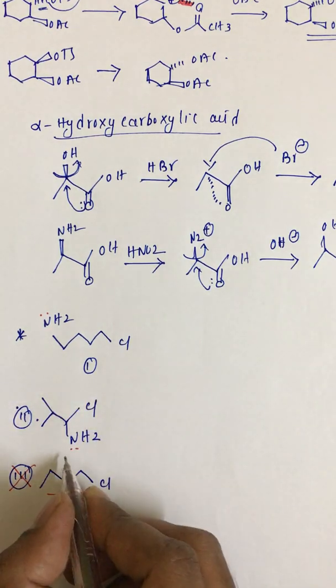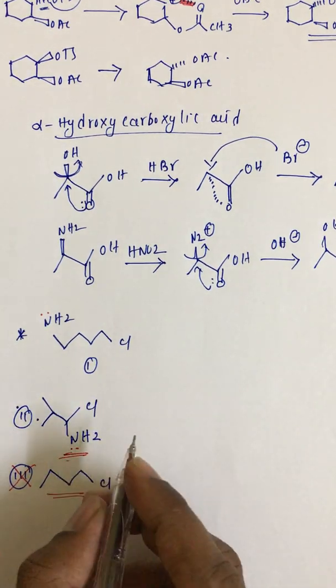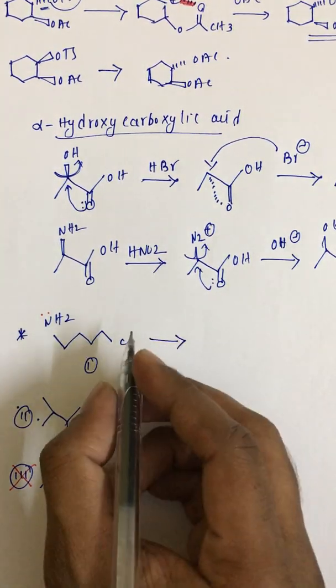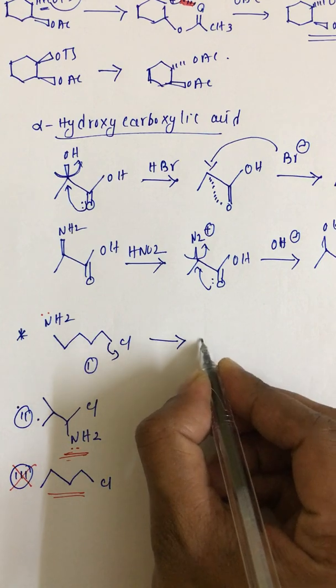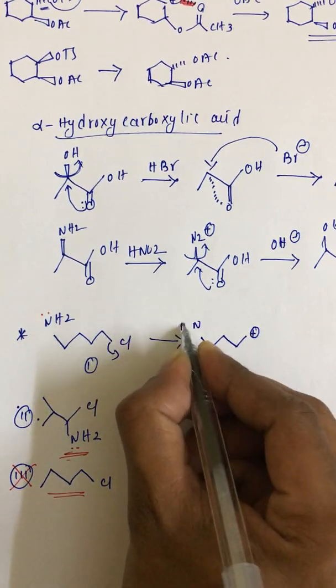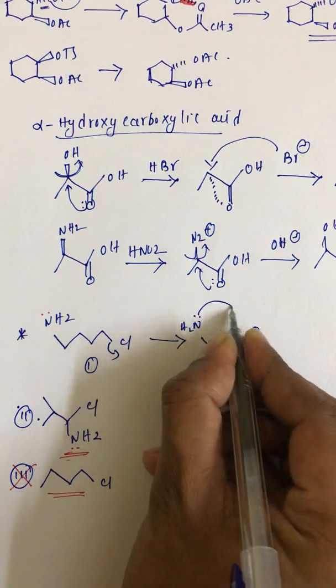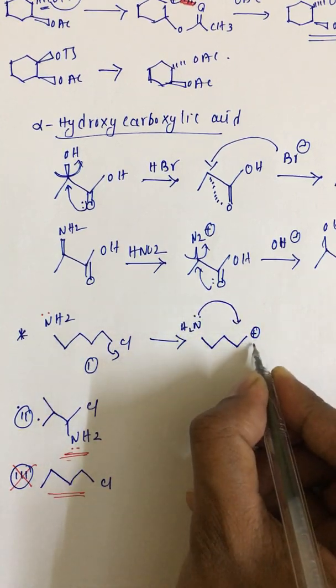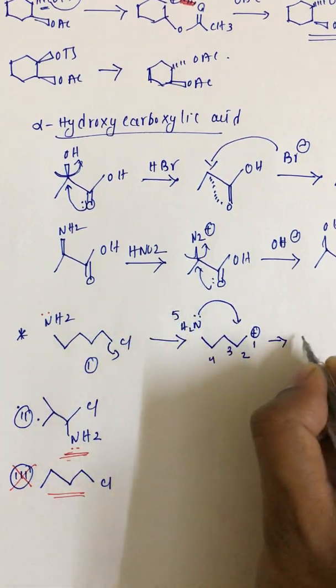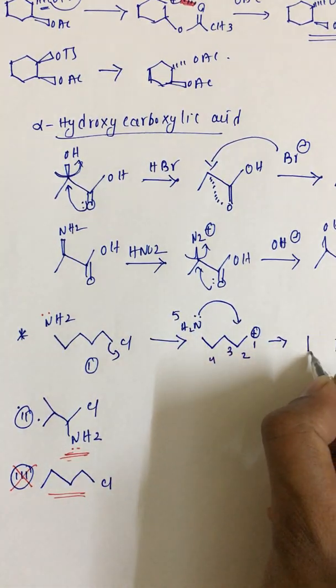Compared to these two, here it can form neighboring group participation, but it will not be that effective. Here the chlorine leaves, now NH2 attacks, and this lone pair goes from here to here. Now number them 1, 2, 3, 4, 5. So this is forming a 5-member ring.